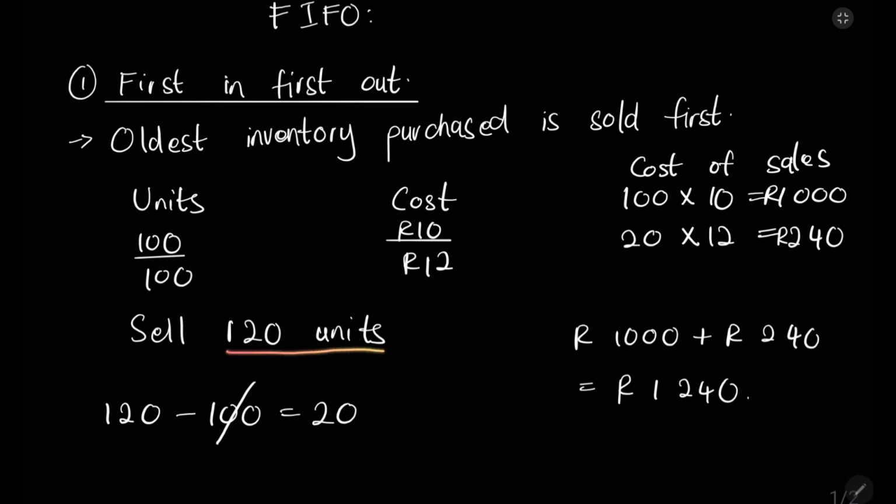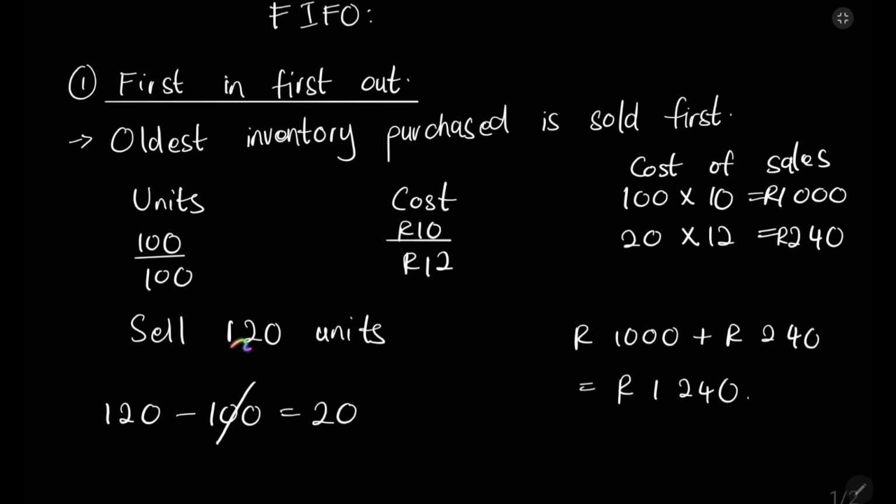So here we sold 120 units. Okay. The first 100 will be from this batch, the first one. If we had, for example, let's say 200 units here, we would just take the entire 100 units from the first 200. But in this case, we can only take out 100. Then we'll say 100 times 10, which is 1,000.